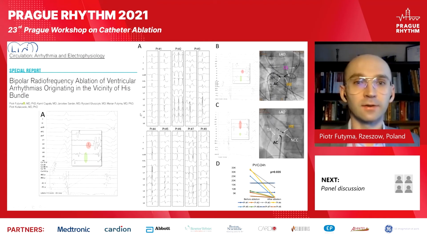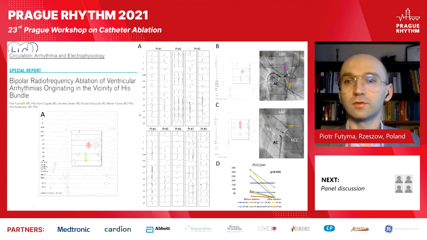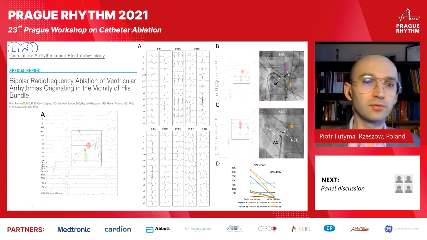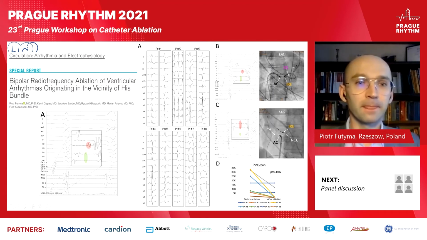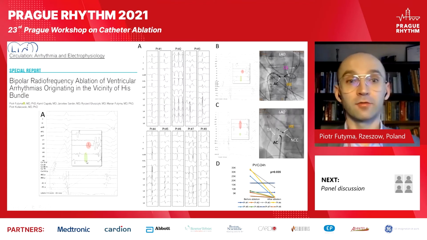This is our study dealing with ablation in close proximity of the His bundle. You can appreciate that on this catheter, we recorded a clear His signal at the proximal rings of the ablation catheter, and on the second catheter, we could only see the far-field signal of His.